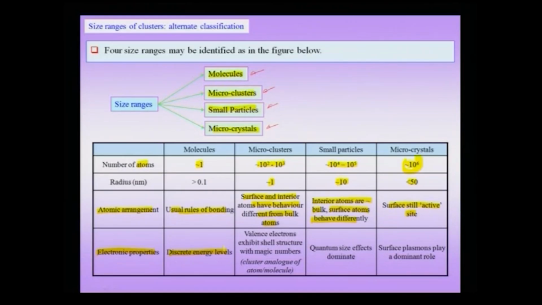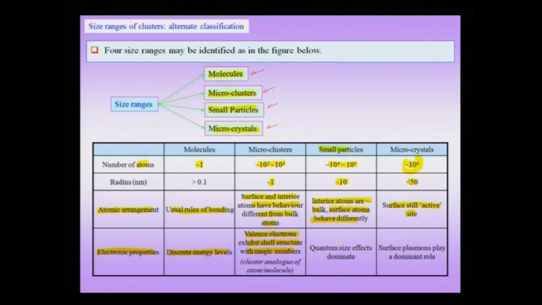In the case of microclusters, the valence electrons exhibit shell structure with magic numbers. So, we will return to this concept very soon, wherein I am talking about certain magic numbers and certain kind of stable electronic configuration. But nevertheless, here too I do not expect any kind of continuous band formation, and still the energy levels are discrete.